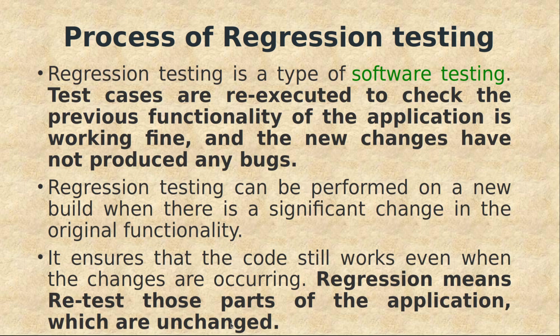In regression testing, test cases are re-executed to check that the previous functionality of the application is working fine and the new changes have not produced any bug. Re-executed means the software was already well developed, and we modified it, so we execute it once again.